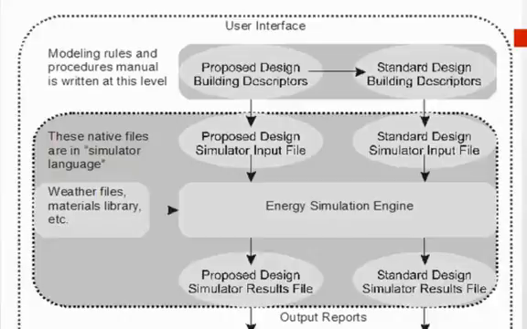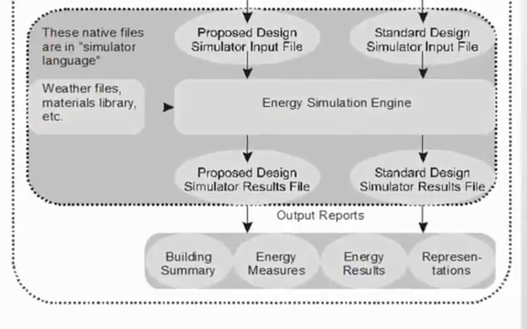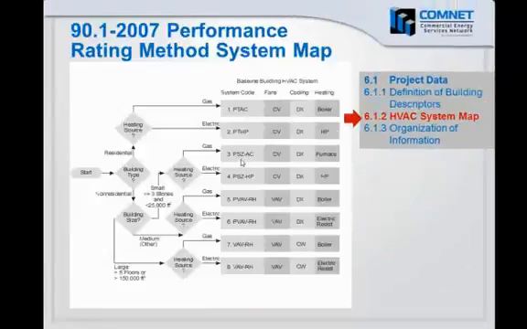These building descriptors then get translated into the native files, or the format that's used by the simulator. This would be BDL for DOE2, IDF for EnergyPlus. The proposed design, or the rated building, and the baseline building are then simulated. The results are summarized, and the COMNET output reports are produced.